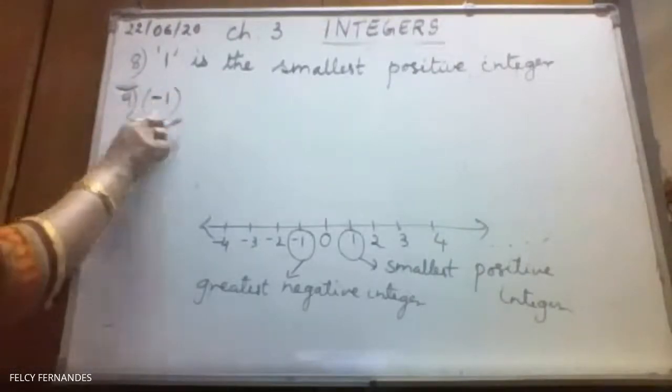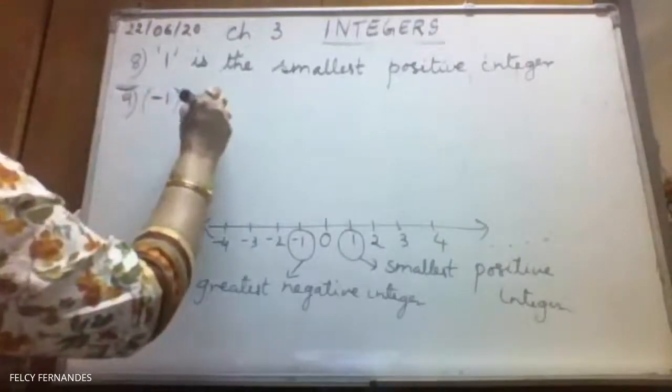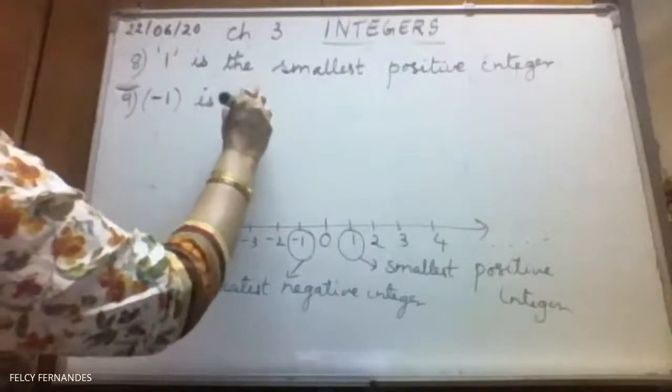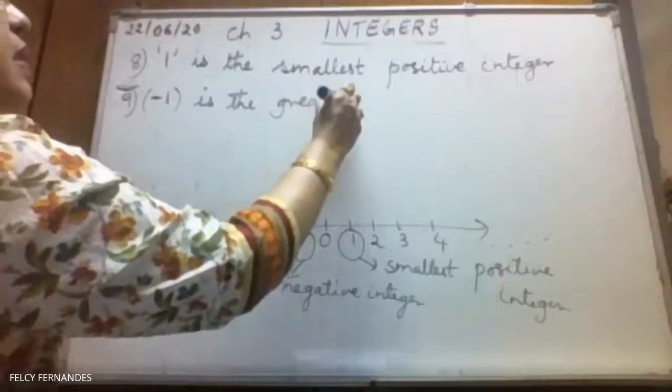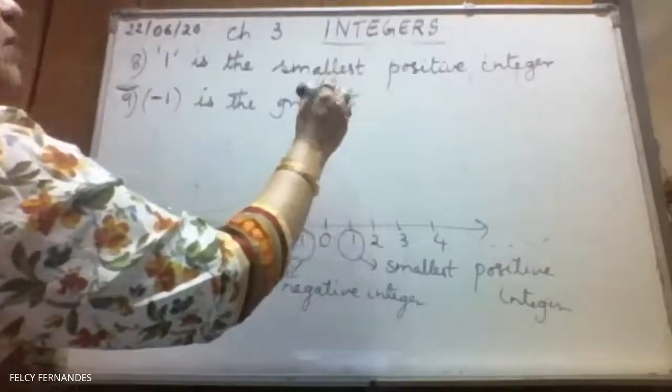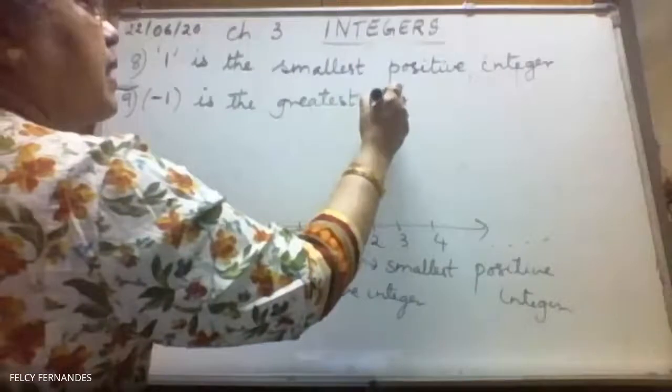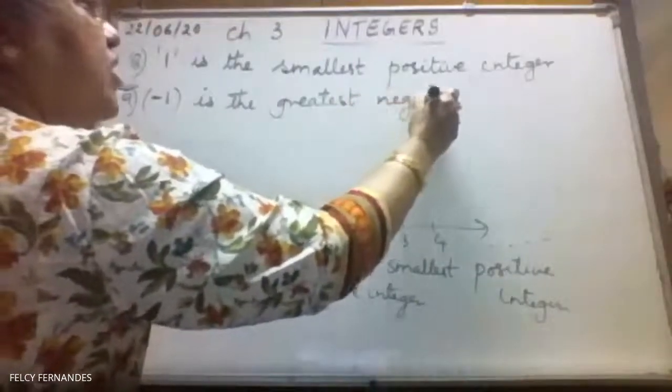Then you write like this, -1 in bracket is the greatest negative integer.